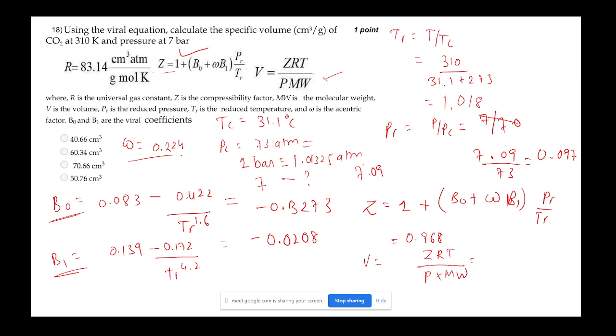So the answer is 78.45 centimeter cube per gram. Now the unit mentioned in this question, like in the options, is wrong. It has to be centimeter cube per gram, and there is no option which correctly matches the actual answer. So you can correct this question and update your solution.